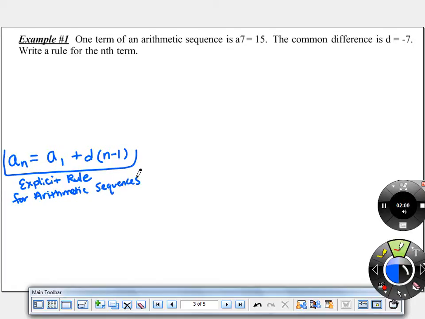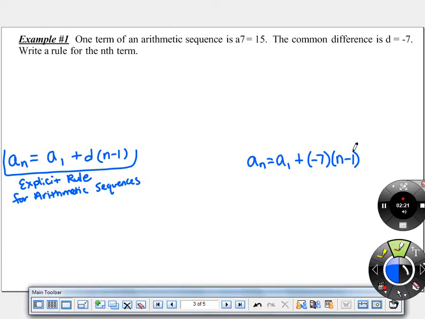So then when we're looking at this problem up here, we got to this point where we said, all right, if I want to write the rule, I need the first term, which they don't tell me. I need the common difference, which they do tell me. And I know I'm using that n minus 1 times.